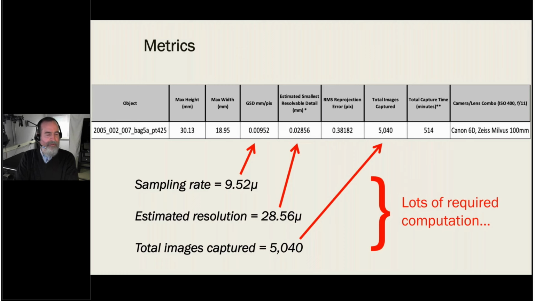Let's take a second to do a deeper dive on that same point and its metrics. With this much raw data, precision and accuracy still come lots of required overall computation.